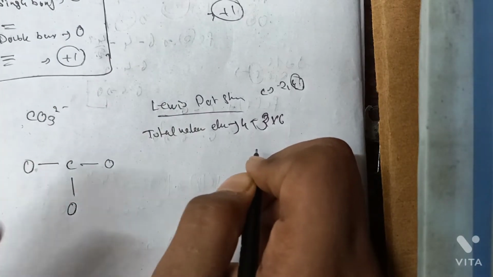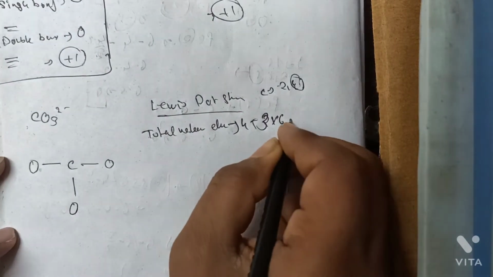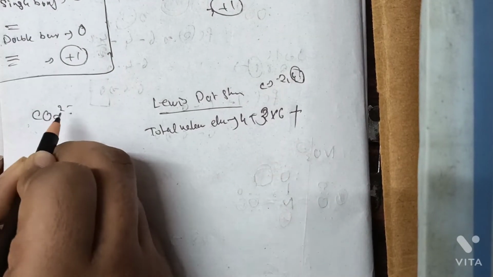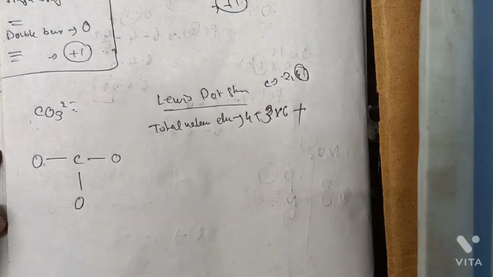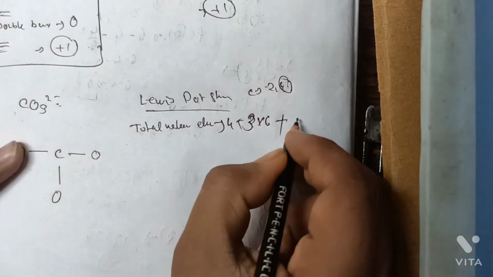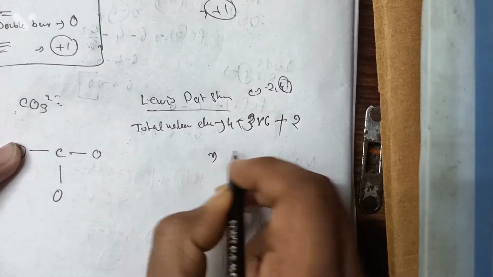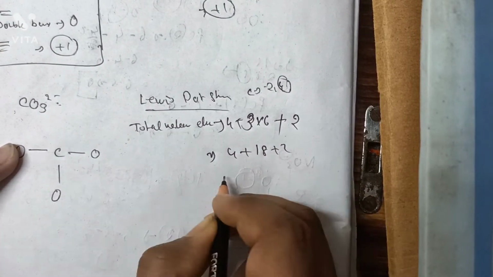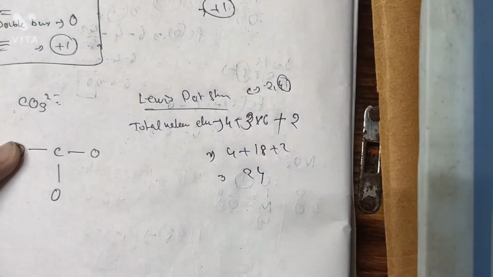Plus, if there is any negative charge, we have to add the negative charge. If there is any positive charge, we have to subtract it. As there is a negative charge present, we add it. So 4 plus 3 times 6 is 18, plus 2. This comes out to 24.